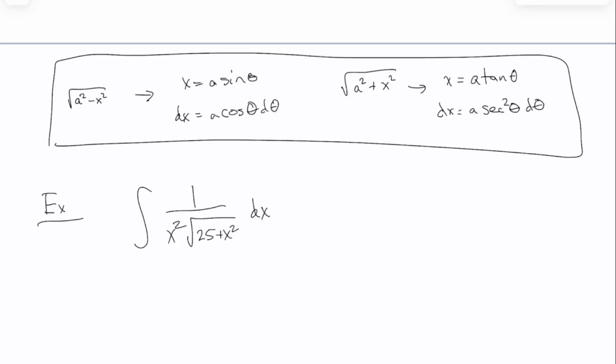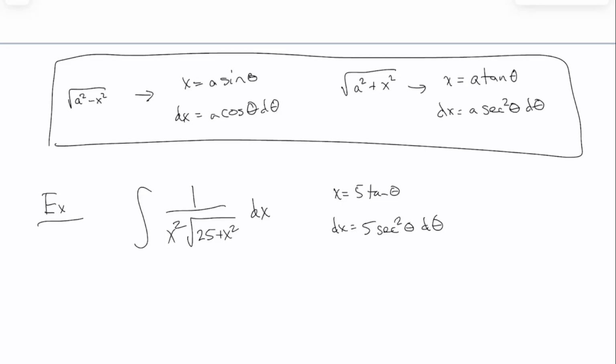All right, let's try it. First of all, I see a square root with a thing squared plus an x squared, so I'm going to use the tangent type substitution. So I'm going to do x equals, what's the a this time? 5. Yeah, x equals 5 tan theta, which means dx is 5 secant squared theta d theta.